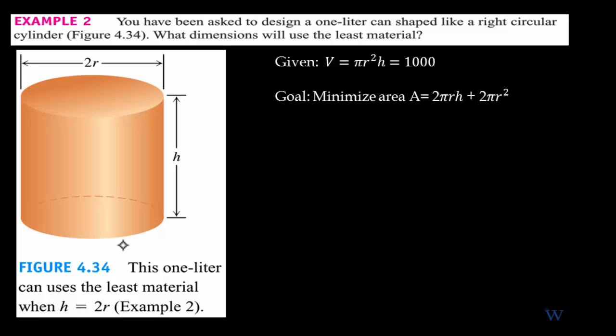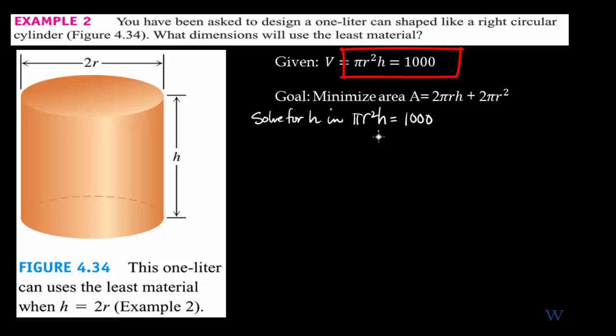Alright, so let's see. We solve for h in the equation pi r squared h equal to 1000 ml. So solving for h, that's dividing everything by pi r squared. It's going to be 1000 over pi r squared. This h is going to be substituted here.